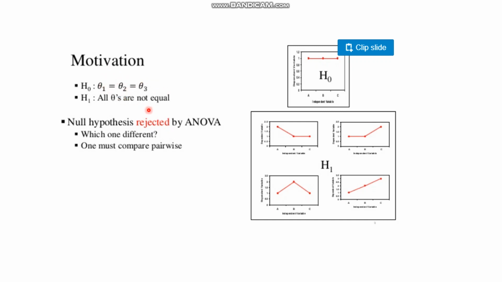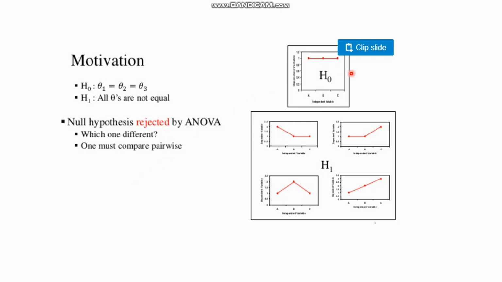In the alternative, we say at least one is unequal to the others, or sometimes more than one mean is different. If you have rejected the null hypothesis by ANOVA, these questions arise: which one is different? What is the different group? One must compare pairwise, so we need to consider each one for the pairwise comparisons.